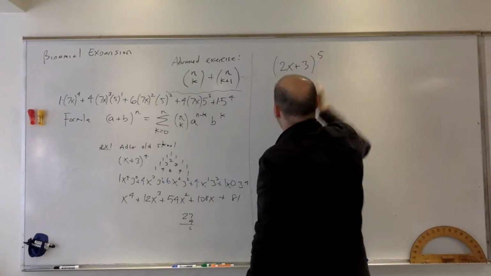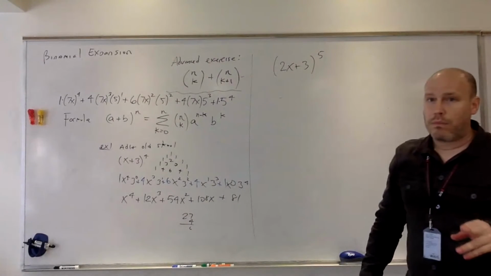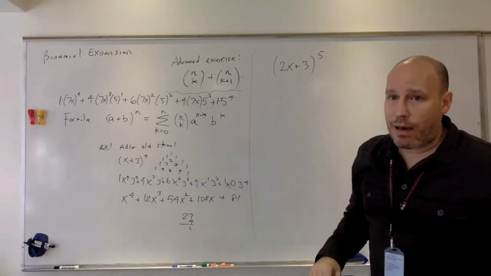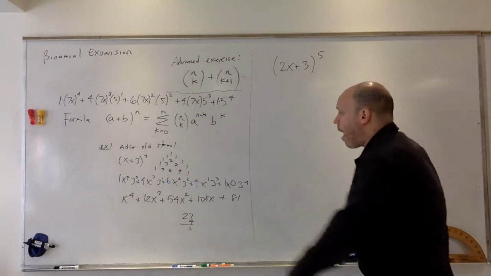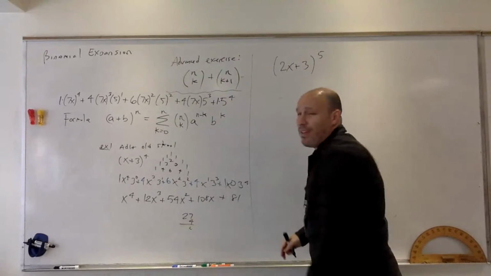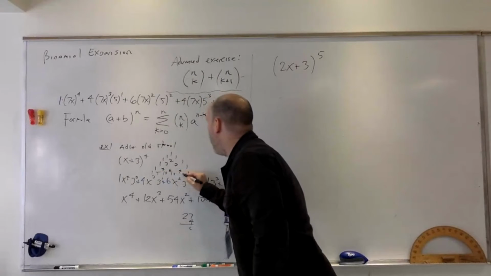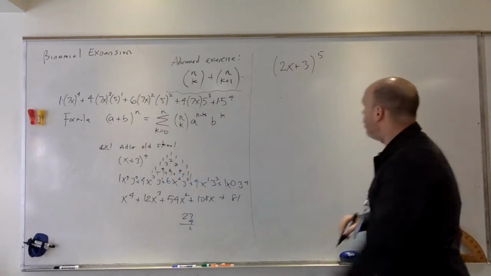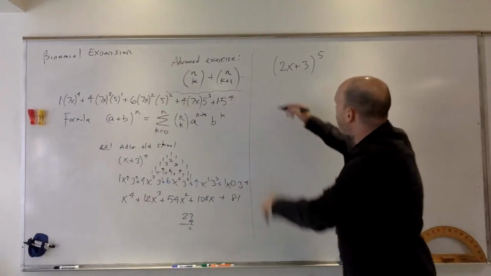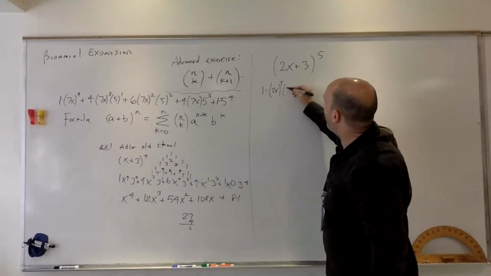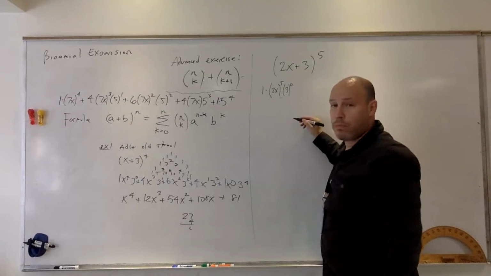2x plus 3 to the 5th power. Same idea. Get Pascal's triangle down. You know what? The problem's there. Do the next row: 1, 5, 10, 10, 5, 1. Knock this out. Now first, we have 1 times 2x to the 5th, 3 to the 0.